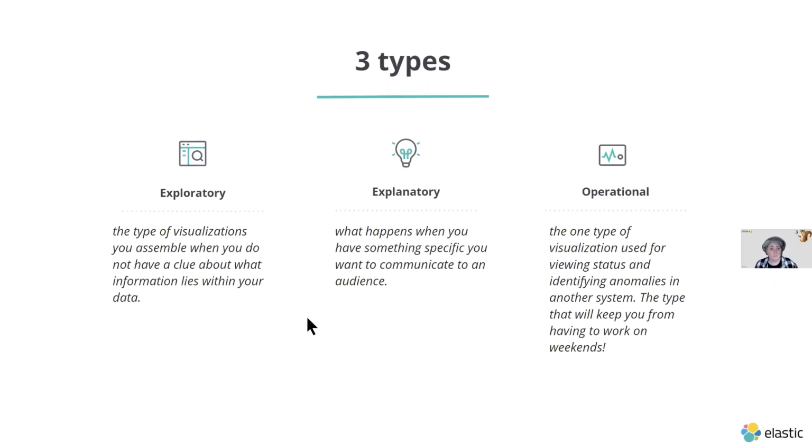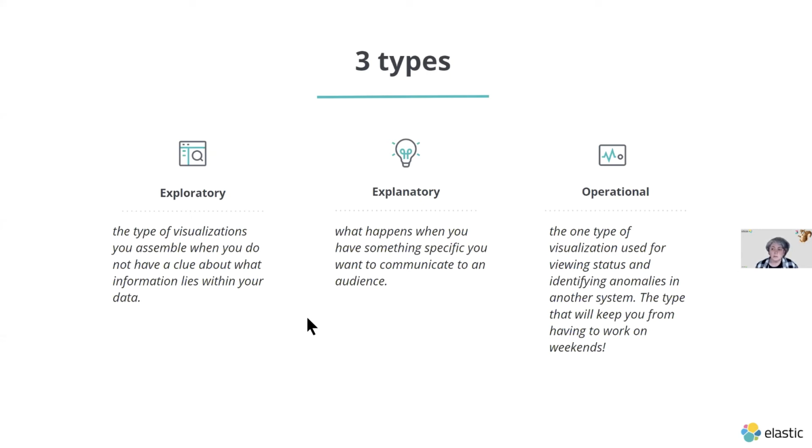Exploratory, the thing that you do when you're trying to figure out what your data set is all about, when you don't know very much about the data. Explanatory, which you use to explain a concept or communicate your finding to people. And then operational.